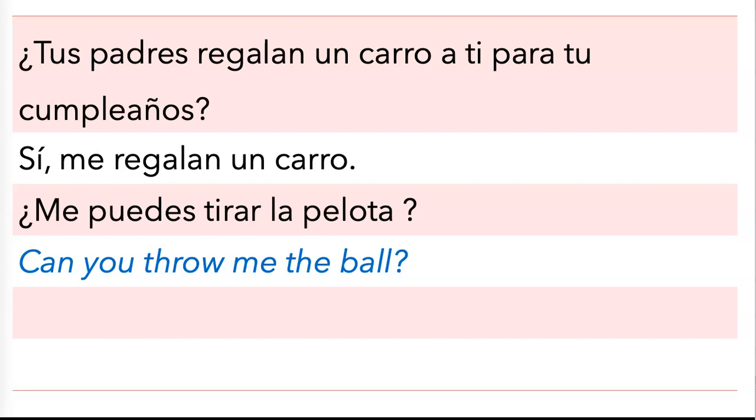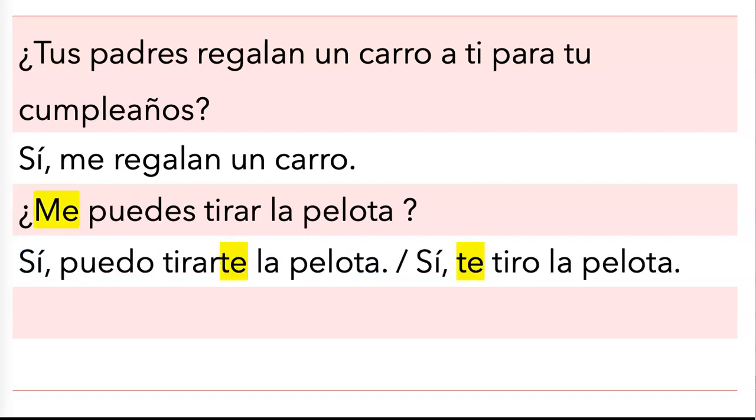And we're going to go ahead and answer this. Now notice, you could answer this a couple of different ways. At least 2. You could say, sí, puedo tirarte la pelota. Yes, I can throw you the ball. Or you can make it even shorter and say, sí, te tiro la pelota. Yes, I'm throwing you the ball.